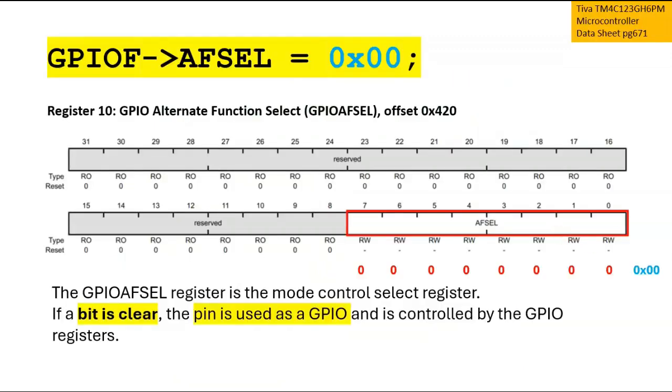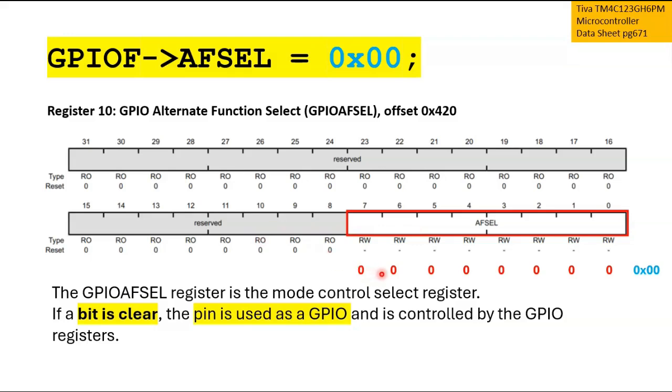So this is the GPIO AFSEL register, and it is the mode control select register. Now, if a bit is clear, that particular pin is used as a GPIO and is controlled by the GPIO registers.